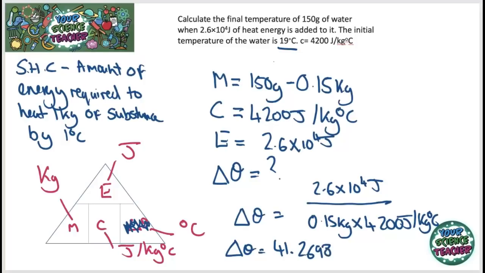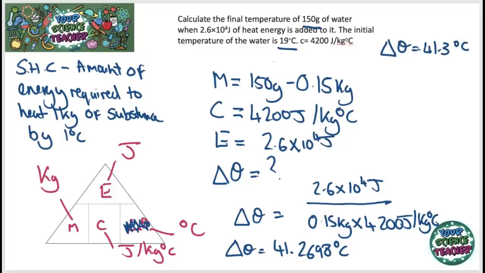And that's not a very nice way to leave that, so I'm going to actually round it. Now, if I look at my question, I have 3 significant figures in my question, so let's use 3 significant figures. 41.3 would be my change in temperature.